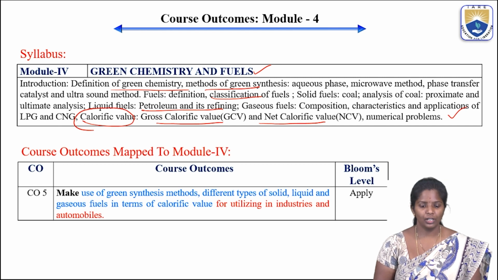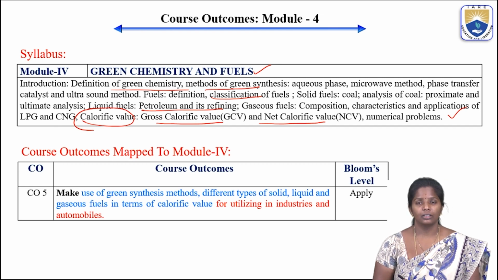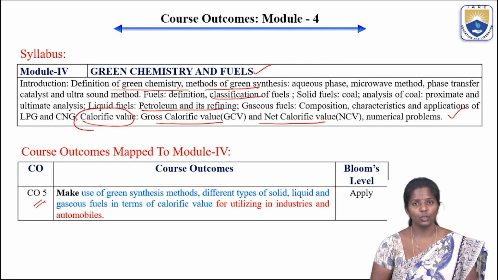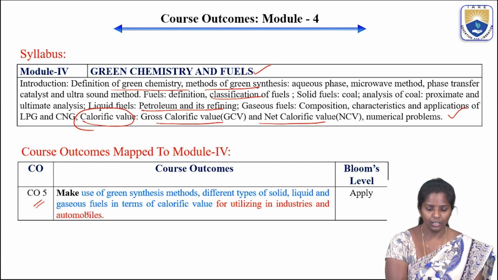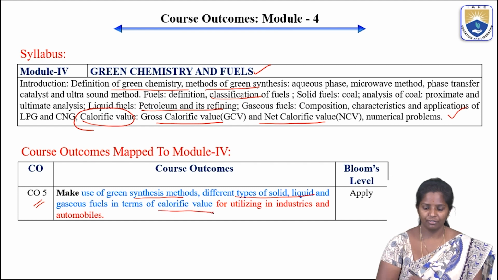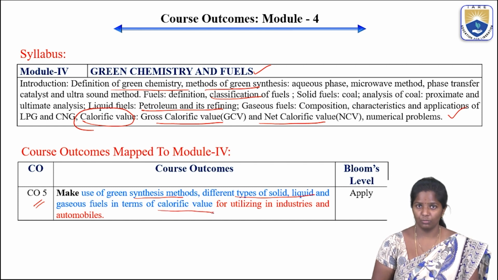So we have to understand, the candidate should understand the learning outcomes, depending on that. So it is course outcome 5: make use of green synthesis methods and different types of solid, liquid, gaseous fuels in terms of calorific value for industries and automobiles.